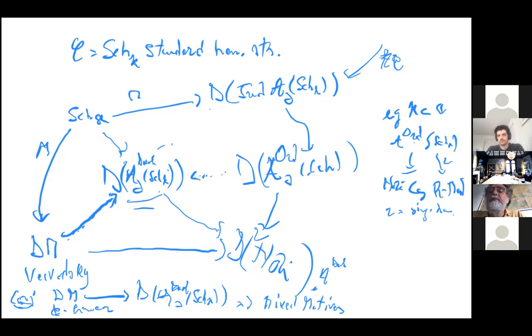Everything is going smoothly with the standard homological structure on schemes, which is given by closed immersions, and the excision squares are those where you have two closed subschemes and you take the intersection and the union, right? So this is essentially the topology.